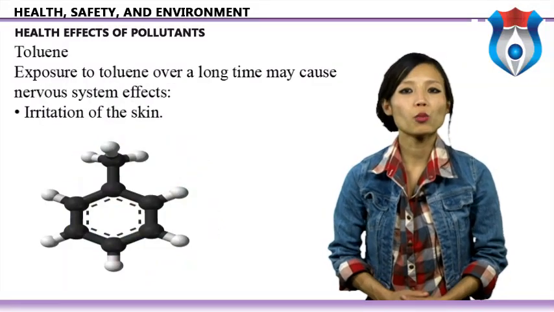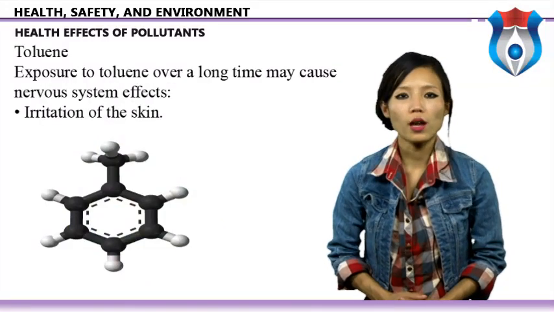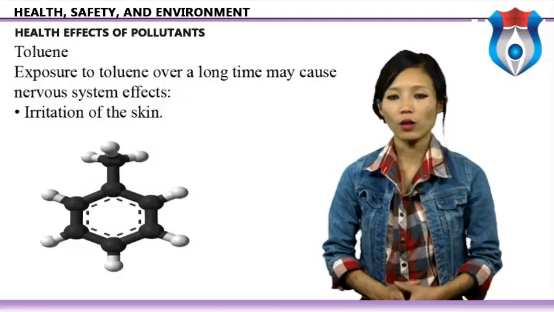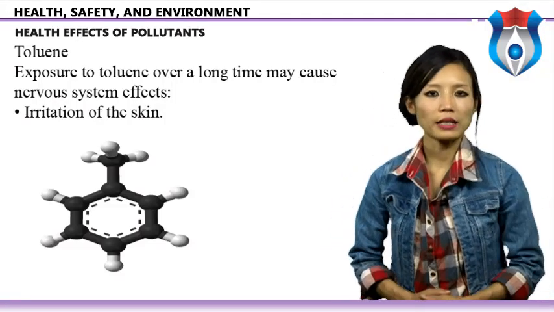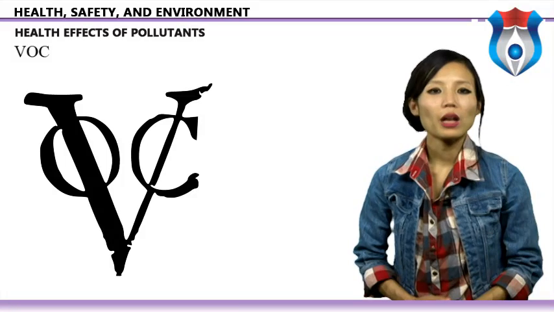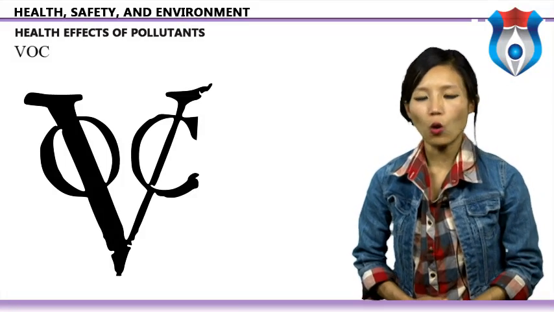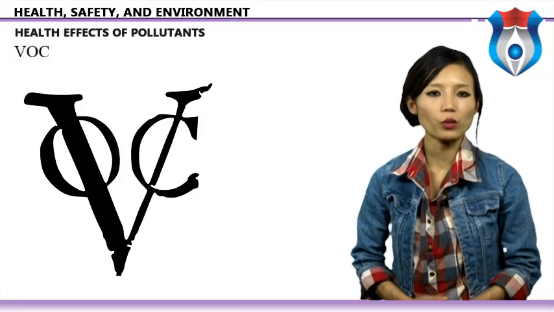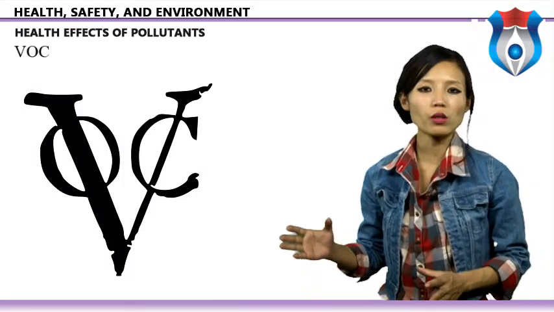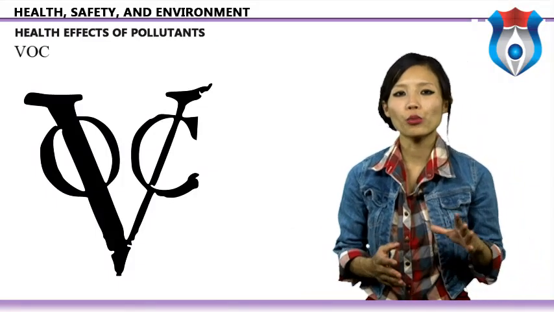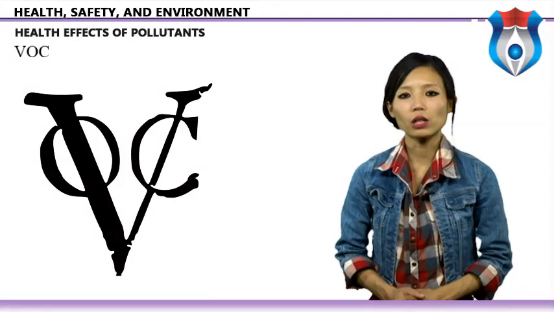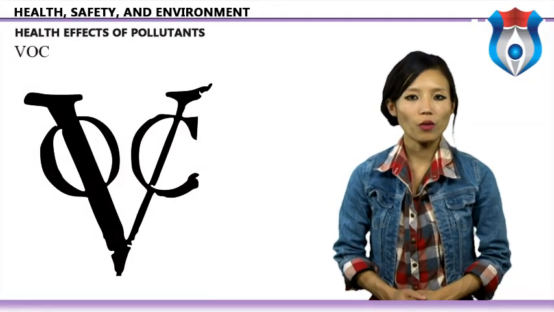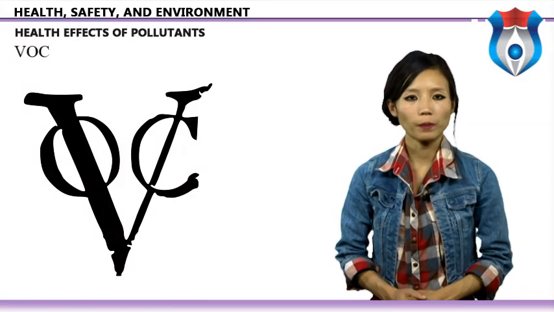Toluene: exposure to toluene over a long time may cause nervous system effects, irritation of the skin, eyes and respiratory tract, dizziness and headaches. VOC is released during the production of oil and natural gas. The chemicals in VOC can form ground-level ozone smog, which can cause breathing difficulties, especially for those who are young, elderly, or have existing respiratory problems such as asthma.